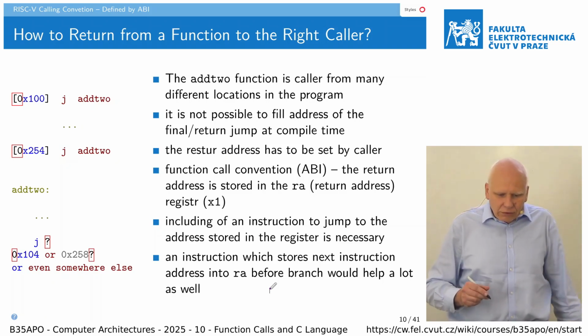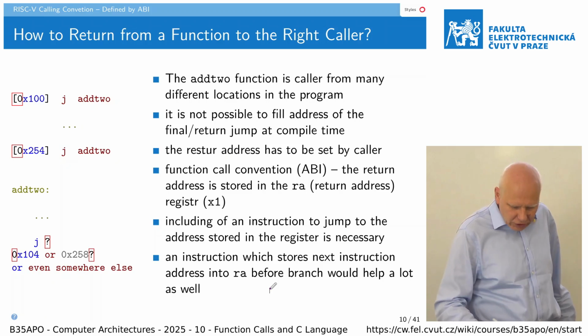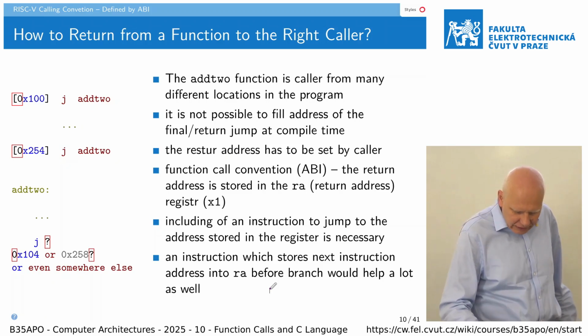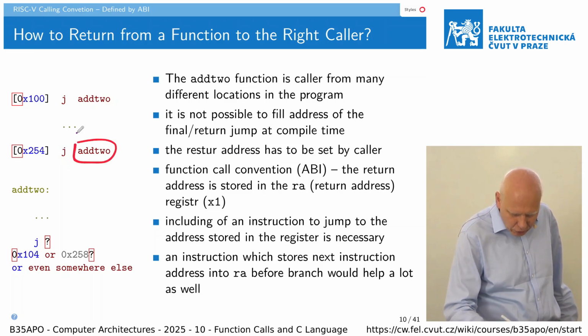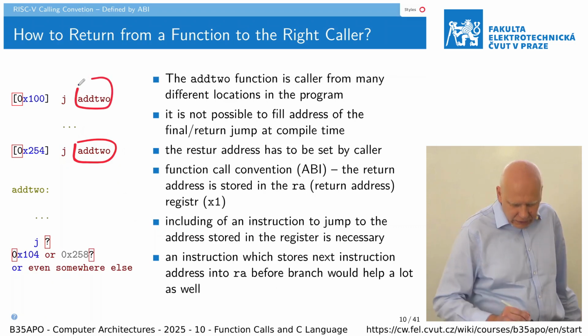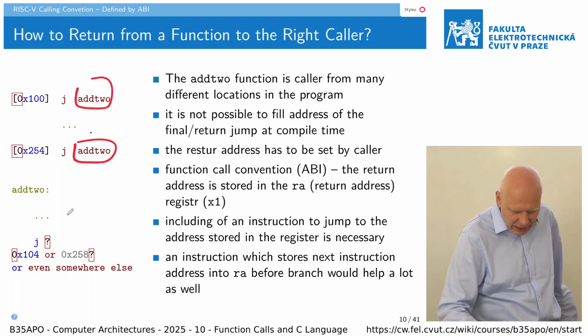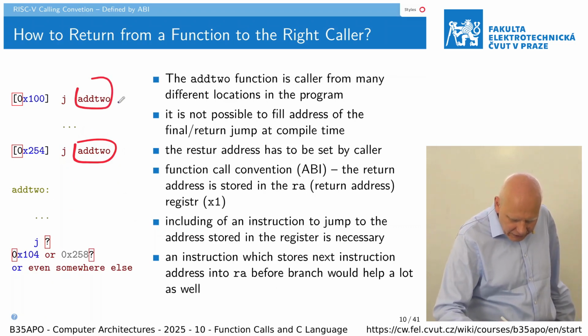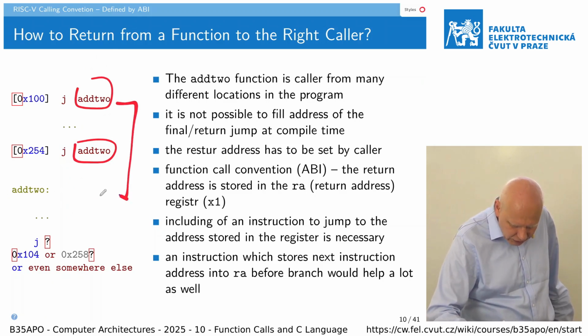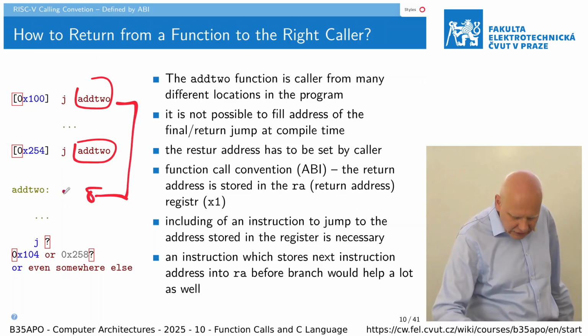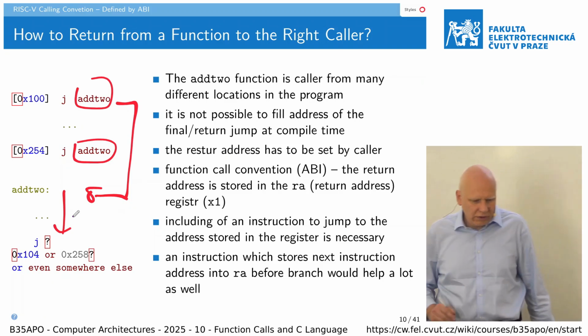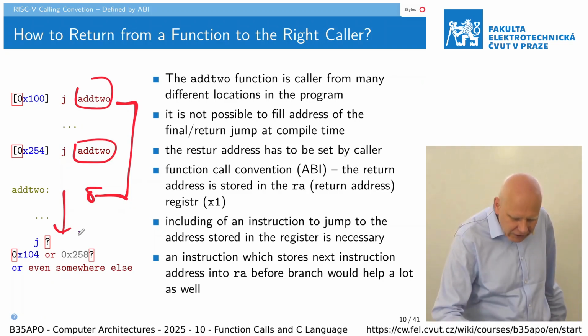If we want to return from the function, for example we have the function add2 and want to call it the first time and the second time, then when we jump to this location, there is the body of the function, and then where should we return?